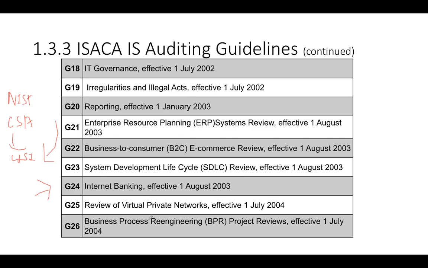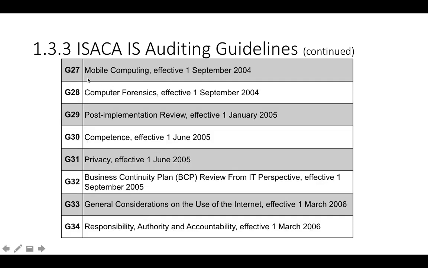All right. Moving on, you can see very specialized areas like mobile computing. If you go to mobile computing, you can go to the organization OWASP, which can give you a better idea of a guideline, with the common knowledge extracted and put into the guideline. Forensics again. Competence is the skills of the auditor. They can have a list of things, and you can always do your homework and see what's not there.